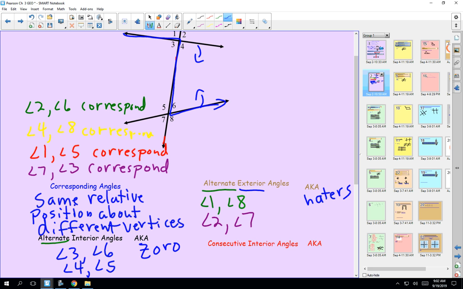This is how Zorro would do a little Z with his sword. So here's the Z for Zorro, and they're kind of encompassed inside the crooks of the Z, or it could be a backwards Z, I guess. So they're inside the crooks of the backwards Z.